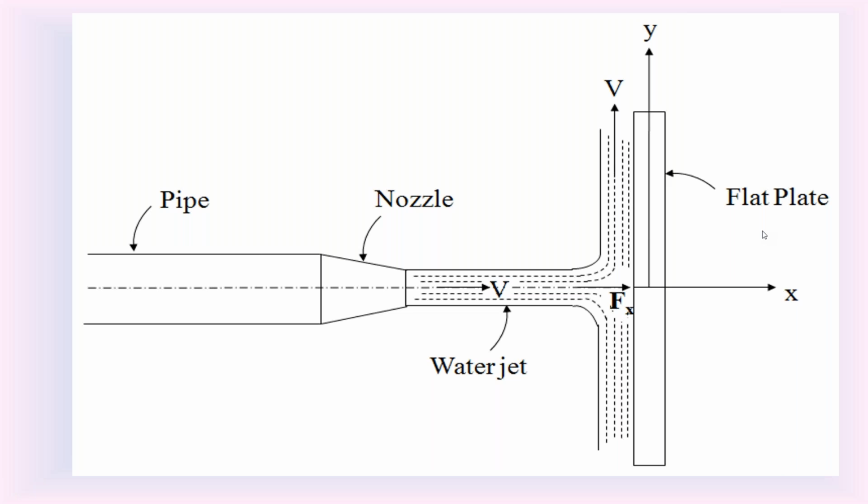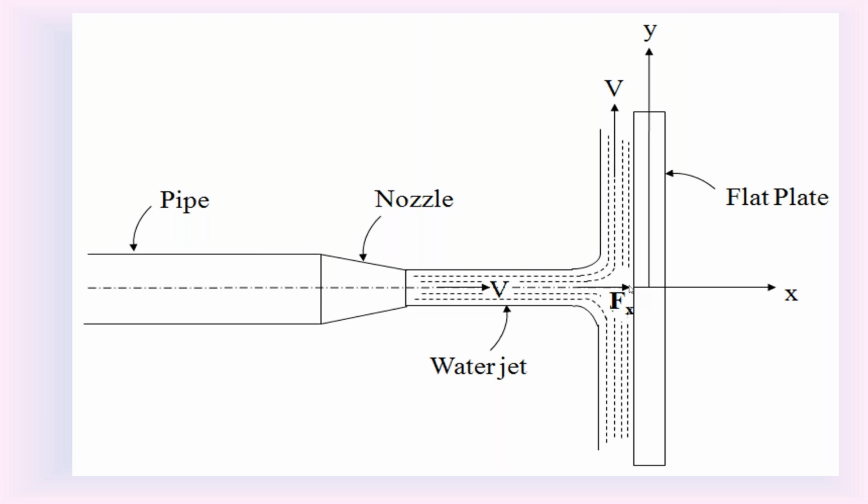The water jet is horizontal. The water jet is moving with velocity v, that is horizontal initial velocity. The water jet is hitting the stationary flat vertical metal plate. This is that vertical stationary flat metal plate.